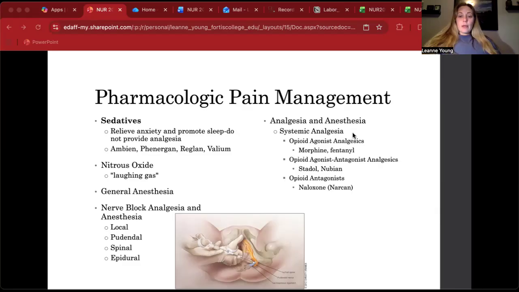Nerve block, analgesia, and anesthesia. So a local is typically used after delivery for perineal repair. That's typically lidocaine. Okay, so a local anesthetic would just be administered into the soft tissue or the muscle for a perineal repair. A pudendal block may be administered late in the second stage of labor.